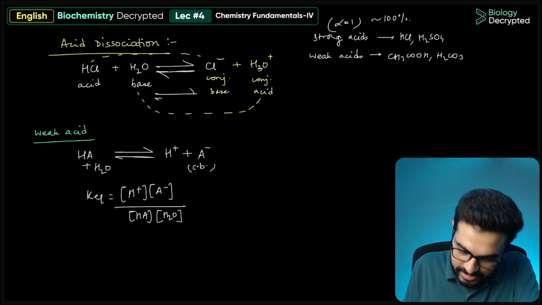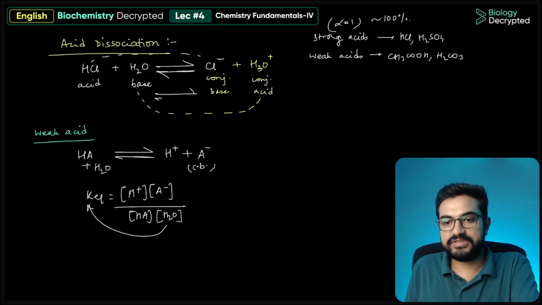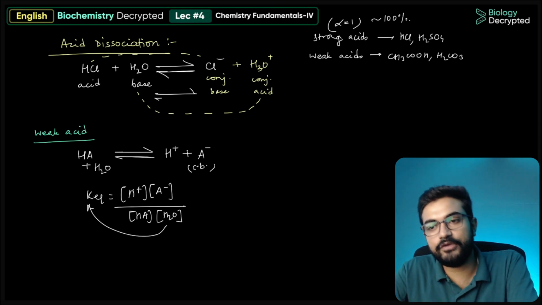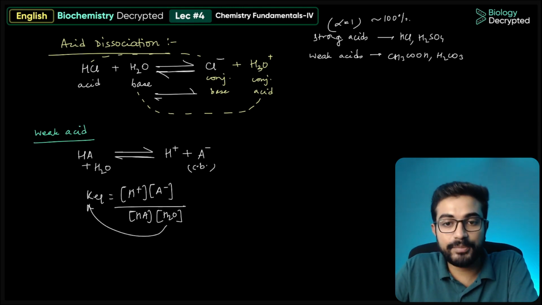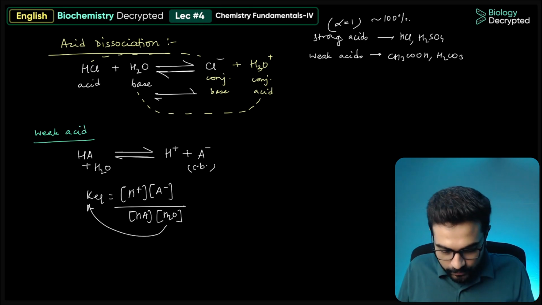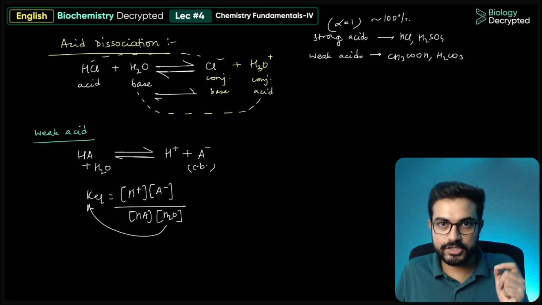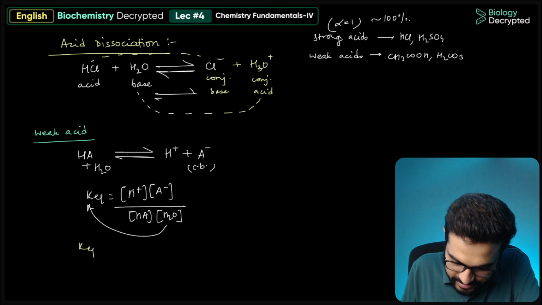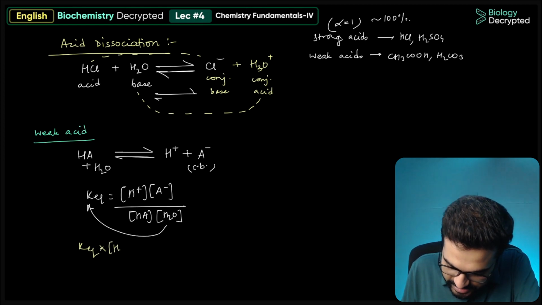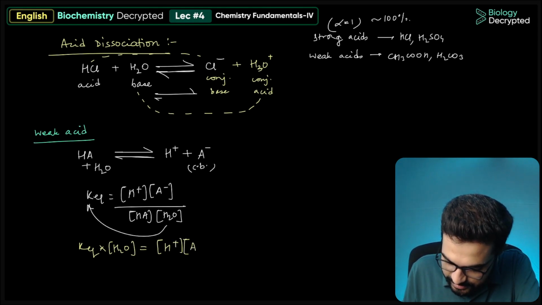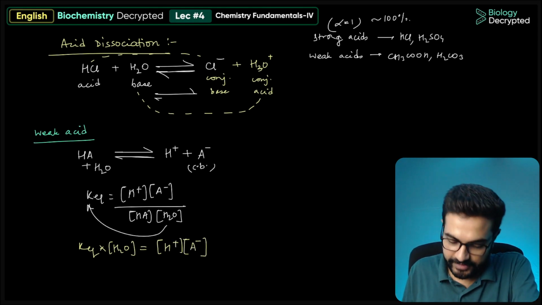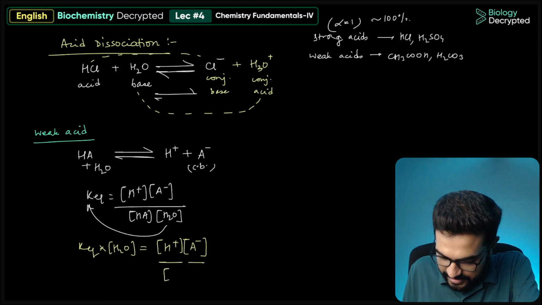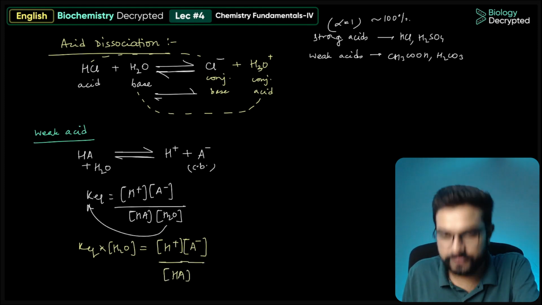Since the degree of dissociation is very less as compared to the concentration of water, we can assume the concentration of water to be constant, and since it is multiplied with Keq, we can write Keq into concentration of water, which gives the product of H plus and A minus, divided by concentration of HA.